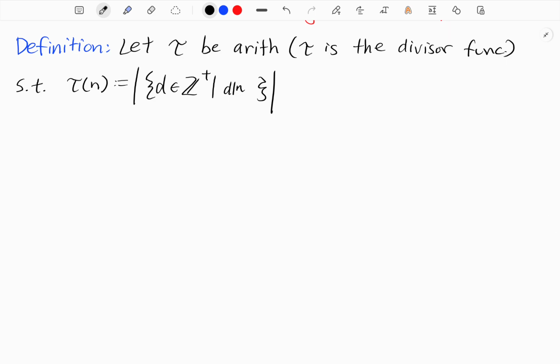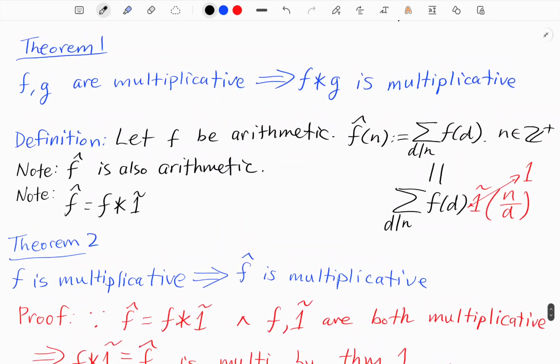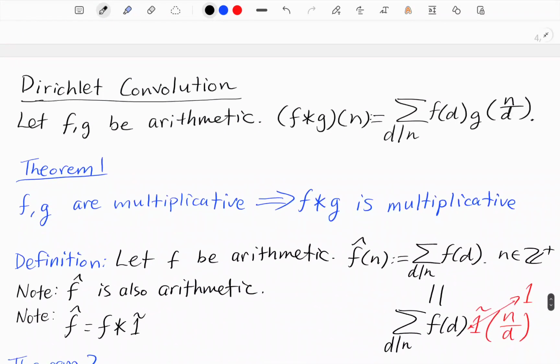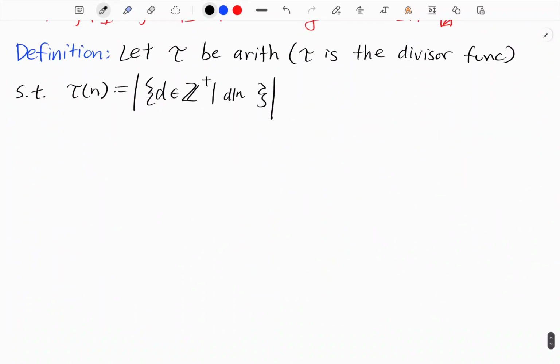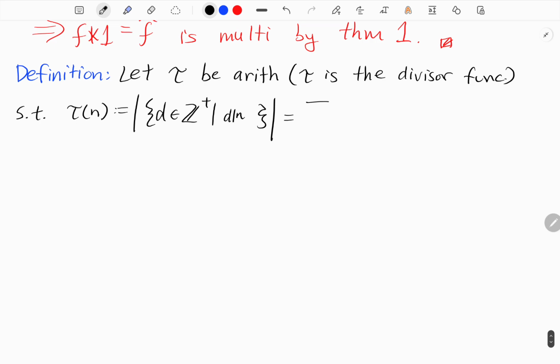So how would we write this using, let's say, the Dirichlet convolution? Something regarding the sum running over all positive divisors of n. So we know that each positive divisor of n counts as 1. If you have 2 divisors, you have 2.